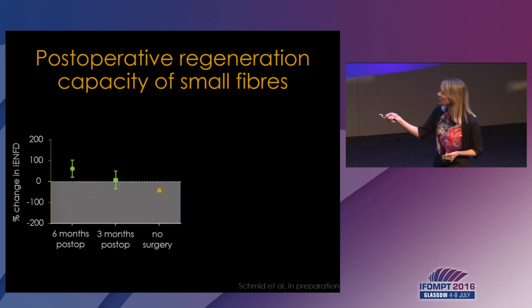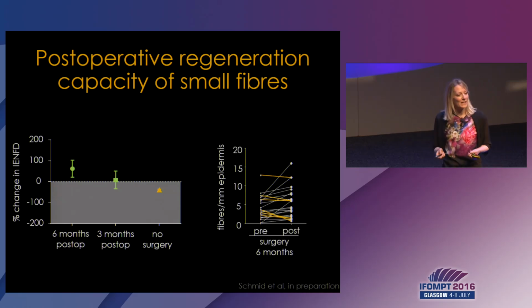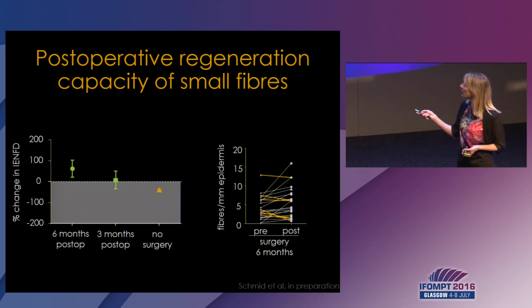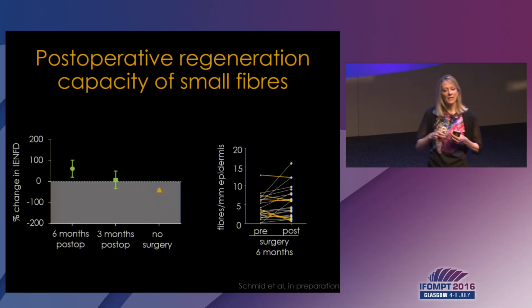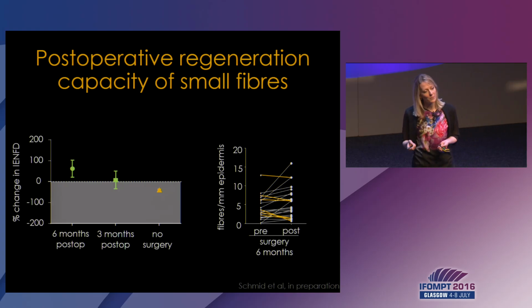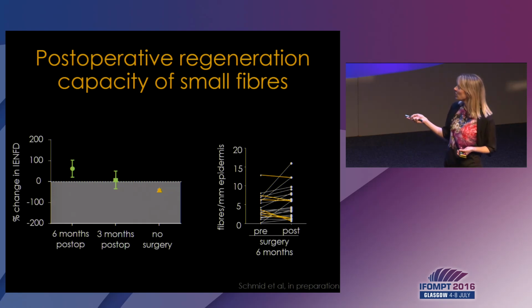Now, at the 6 months time point, I would like to show you single patients, pre and post-surgery. And what I would like to point out is that there is a significant variation in the regeneration capacity of our patients. In orange are those patients that, even though they had surgery, continue to degenerate in their small fibers.